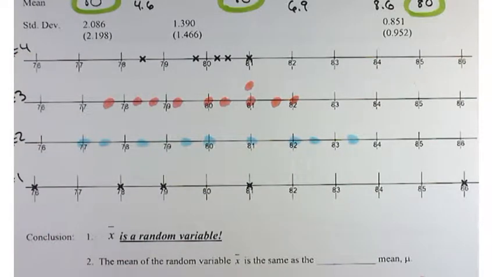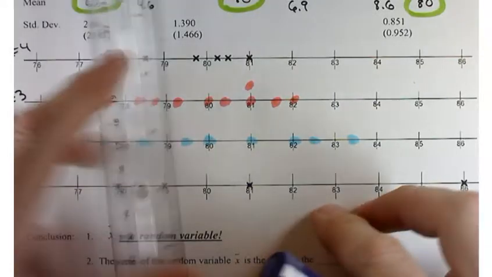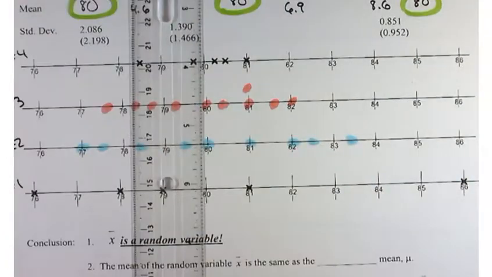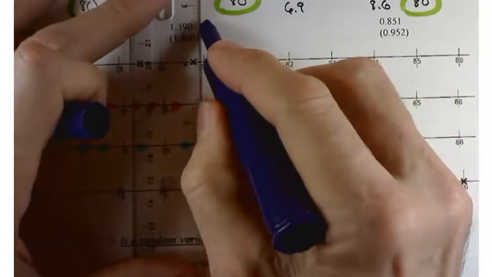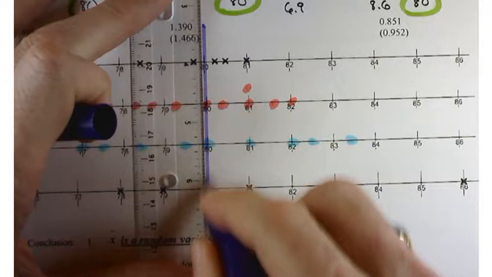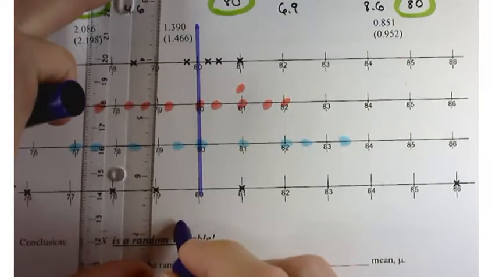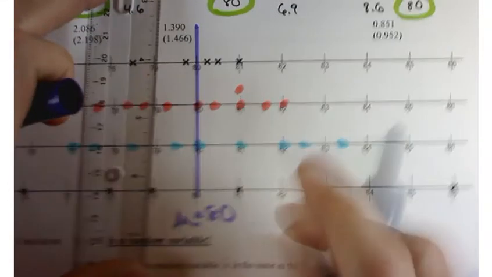Now, there's a little trend here as you increase the sample size. Keep in mind what we're trying to do with these samples is estimate the population mean. So the population mean is right here. Mu equals 80.